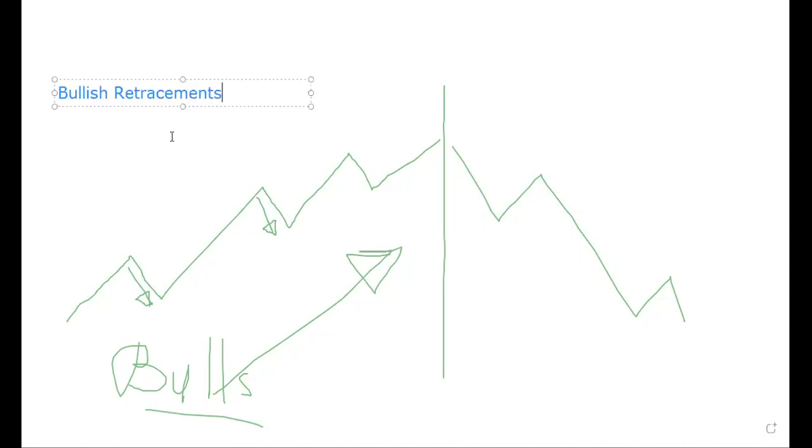So these short moves that look like bearish moves are actually bullish retracement moves. They are not in particular bearish moves. They are actually, in reality, bullish retracements. So it's the bulls retracing.